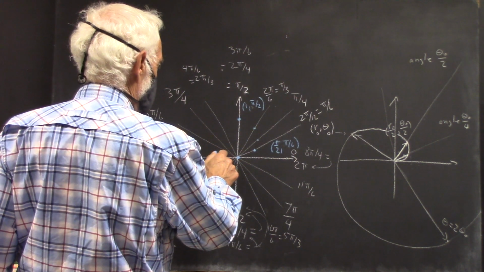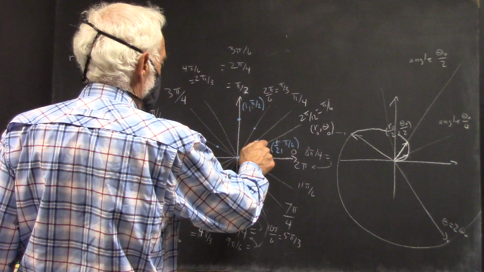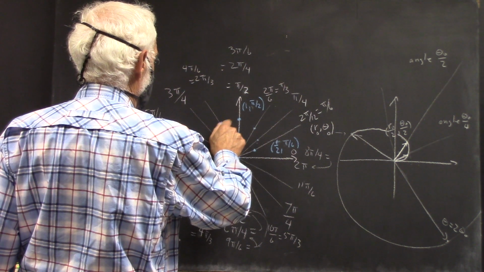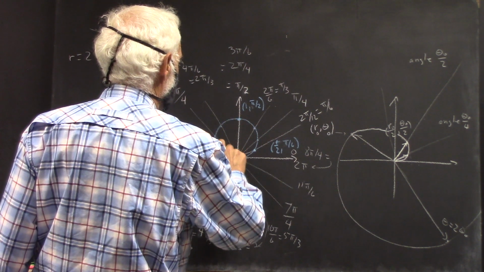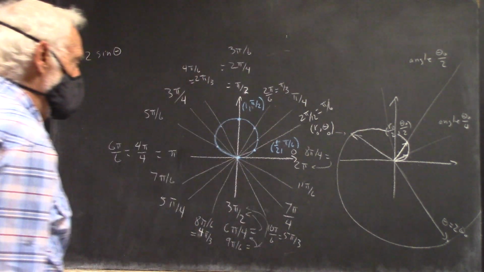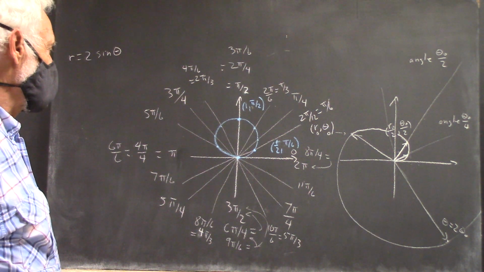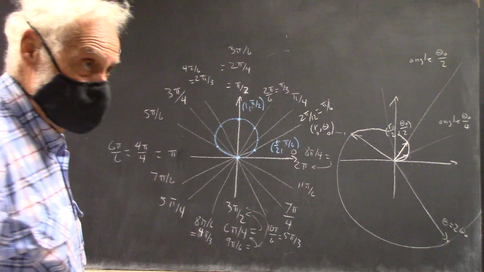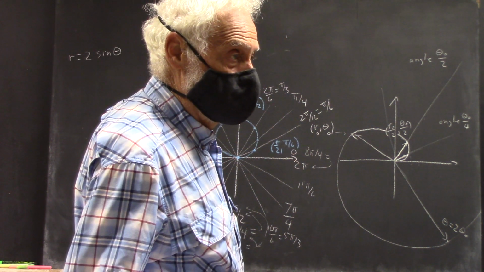Well, by the time you get to pi over 6, you're down to 1/2 again, and then you're down to 0, and you're going to go through these values as well. What's that look like? Looks like kind of a lopsided circle, but it should be a perfect circle. Okay? And you can prove it's a circle.